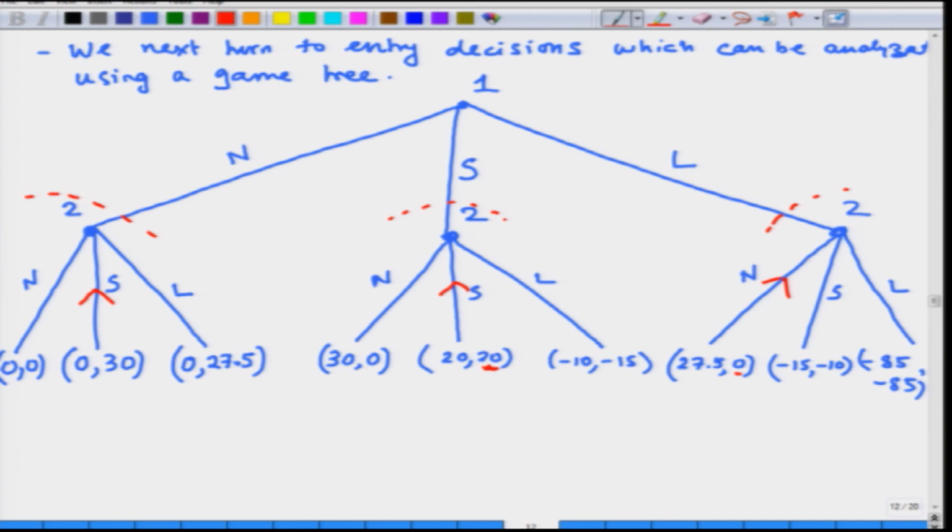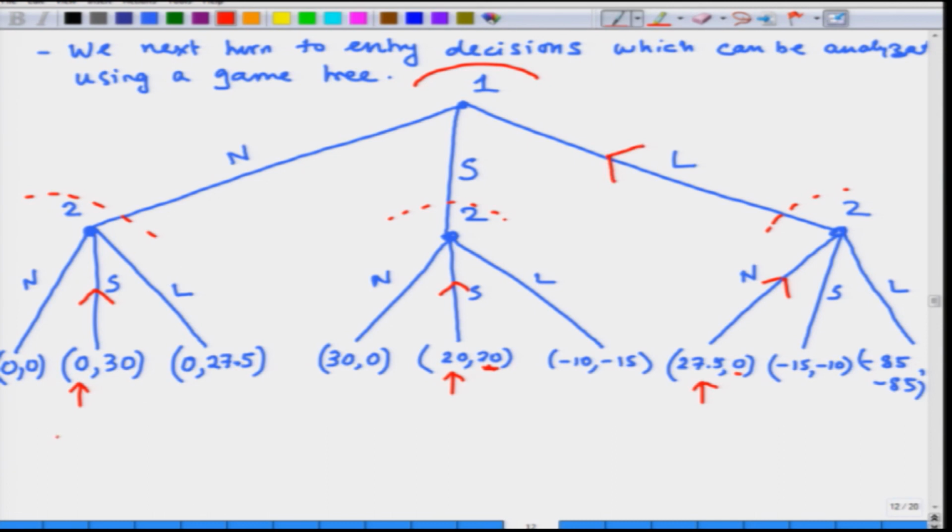So, when we step back and look at the entire game as a whole, firm 1 essentially is comparing between a profit of 0, a profit of 20 and a profit of 27.5, because these are the profits that it would get in the second stage of the game once it makes its choice. Now, clearly 27.5 is the largest of that and firm 1 decides to invest in a large capacity.